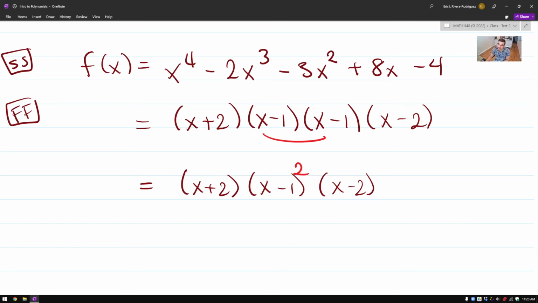Okay, so the factor form is telling us the zeros and the multiplicity of the zeros, and those are important characteristics of the polynomial, and that's why we want to go from the standard form to the factor form. The factor form is an easier representation of the polynomial, and we can pick all the properties of the polynomial just from the factor form.